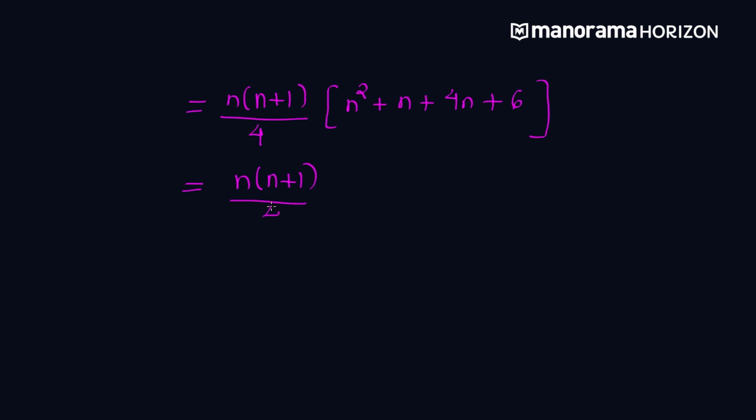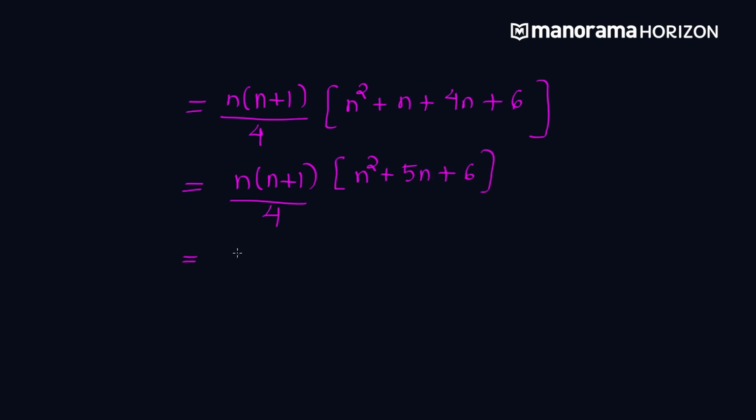We get n into n plus 1 by 4 into n square plus n plus 4n plus 6, which is equal to n into n plus 1 by 4 into n square plus 5n plus 6.